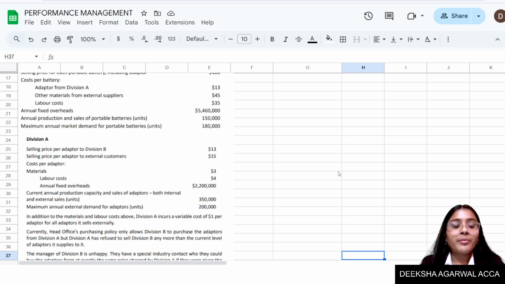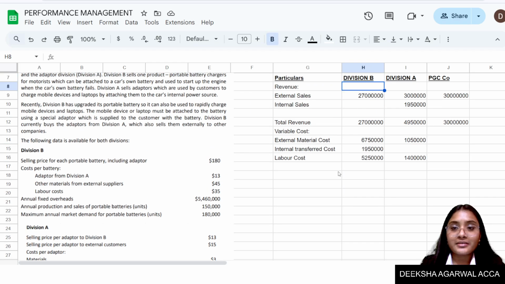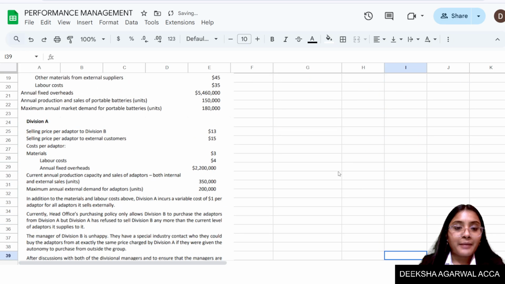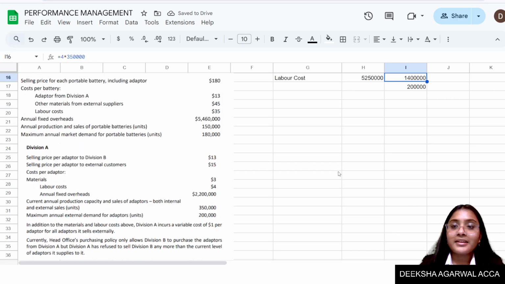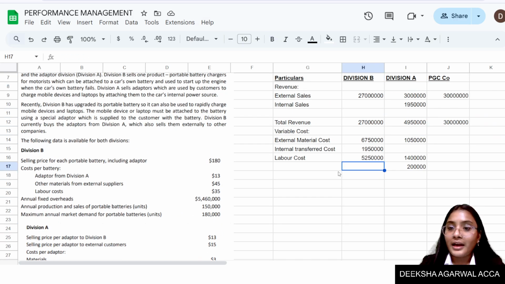See, in addition to the material and labor, division A incurs a variable cost of $1 per adapter for all the adapters it sells externally. So 2 lakh, sorry, 1 lakh 50,000, no, 2 lakh adapters, because whatever adapters they are selling externally incur $1 per unit, and 2 lakh is what you are selling externally, and 1 lakh 50,000 internally.